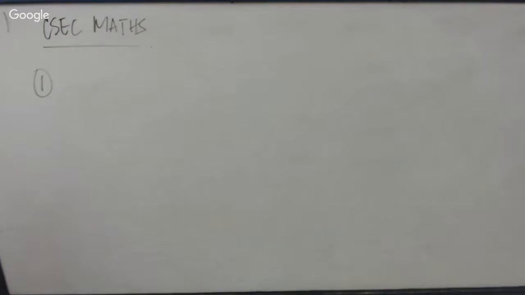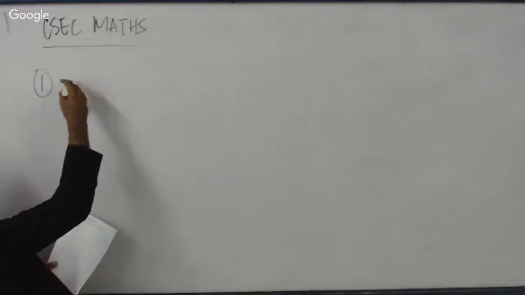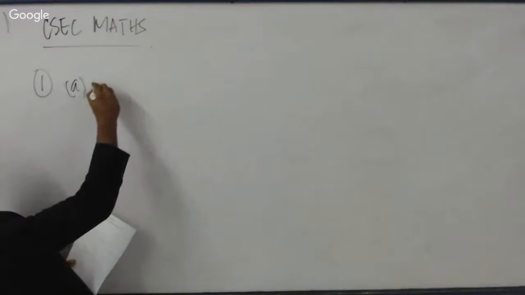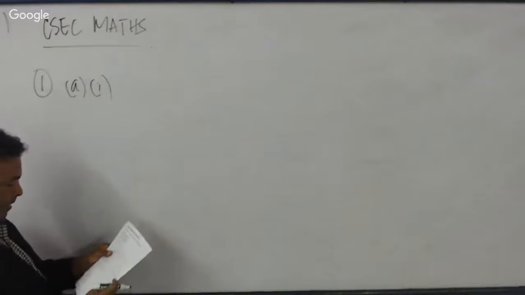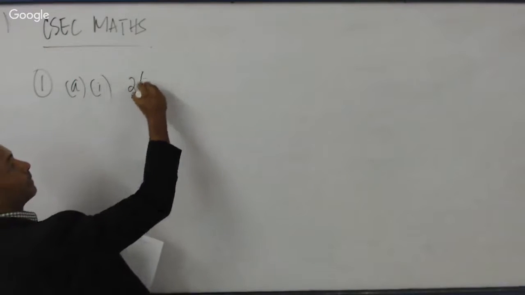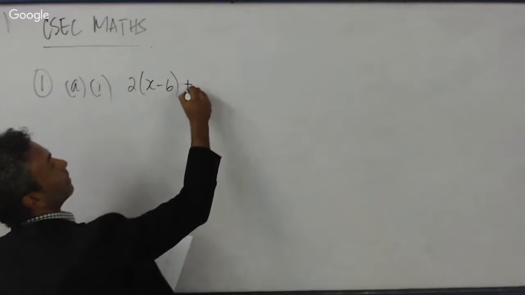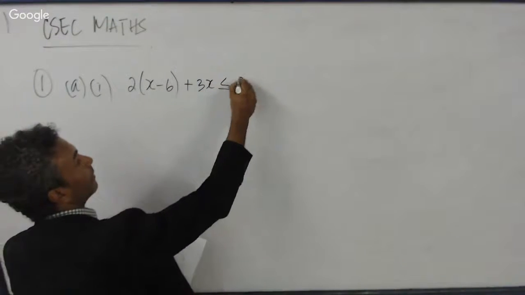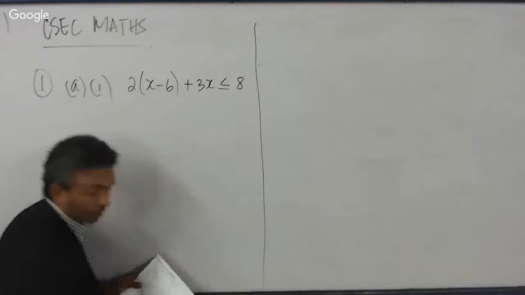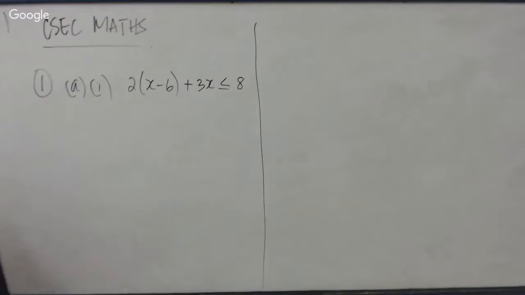Solve for x, where x is a real number. That's an example of an inequation or inequality. Now we're going to do this very efficiently, rather quickly, and I'll just ask if you have any problems.